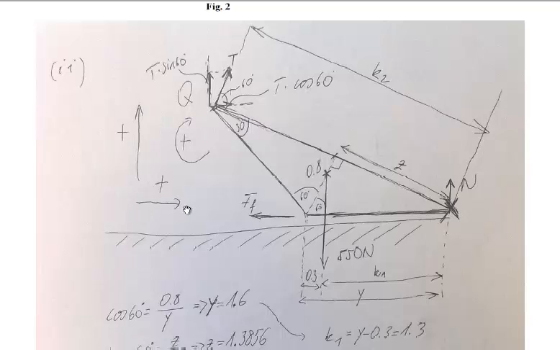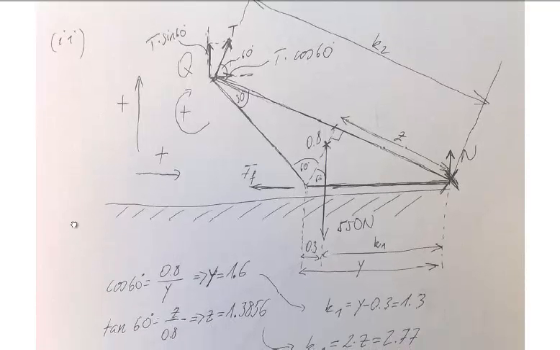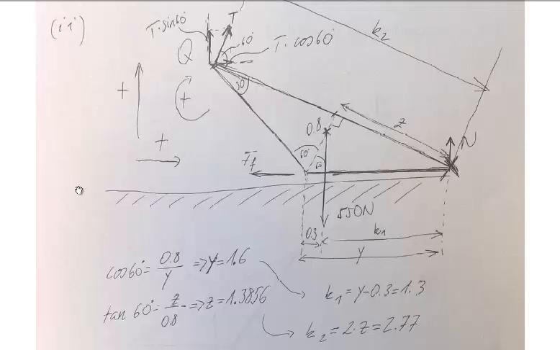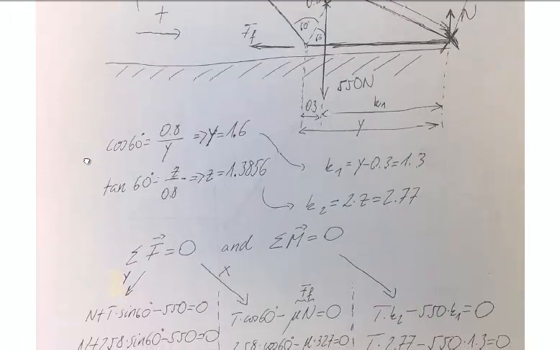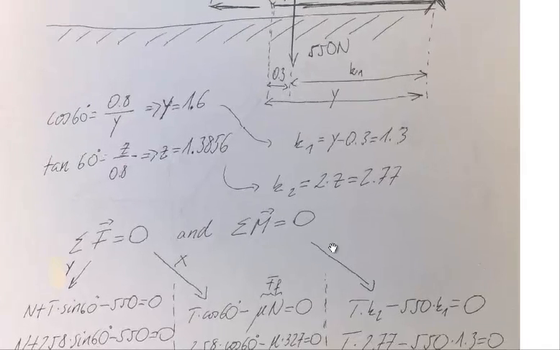These are positive directions, and here is the friction force too, and the conditions of equilibrium. Sum of F is equal to 0, and sum of the moments is equal to 0, too.